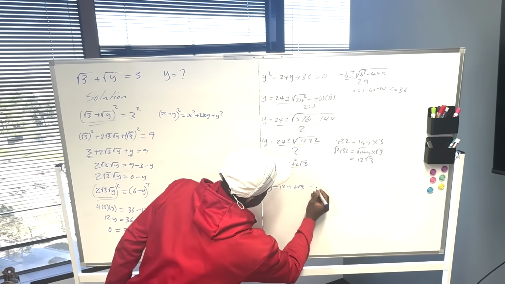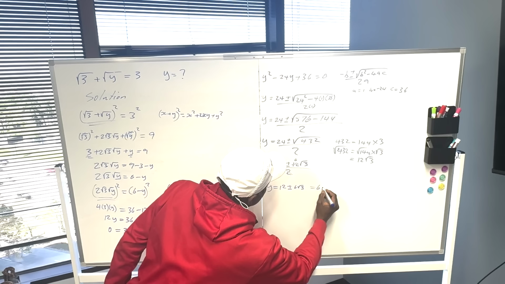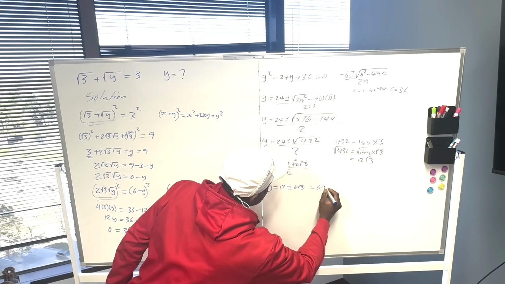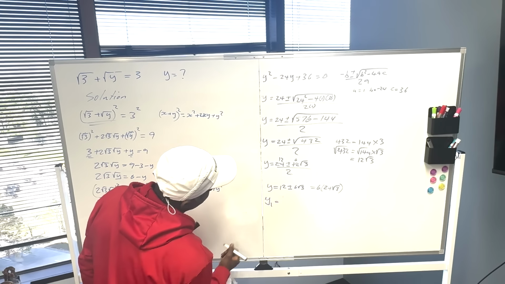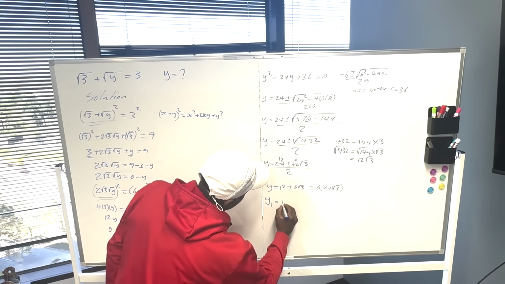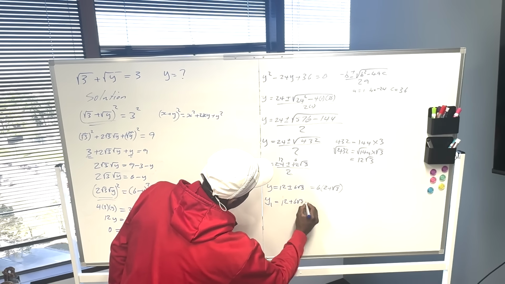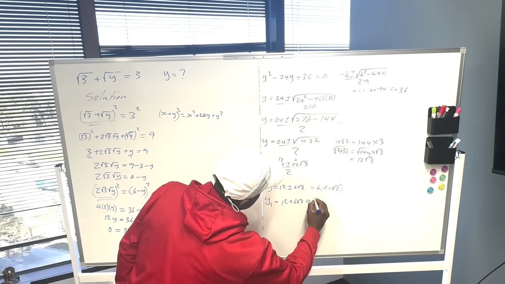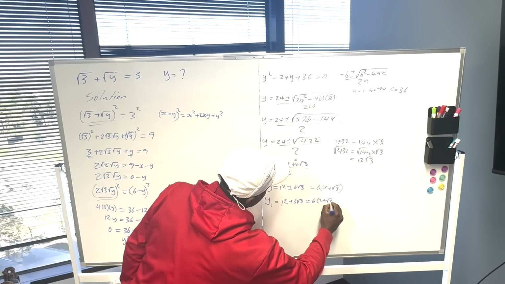Or we could even say 6 outside of (2 plus square root of 3). y1 is equal to 12 plus 6 square root of 3, which is the same as 6 times (2 plus square root of 3).